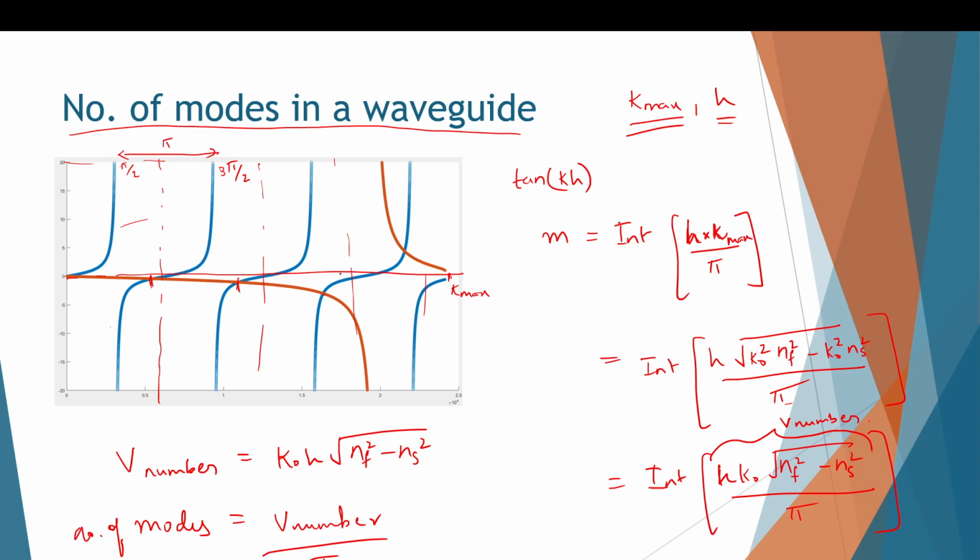But obviously, to get a more accurate understanding, it's better to always plot this tan kh equal to gamma c plus gamma s upon, basically this transcendental equation. We need to plot it and then find out at what points my LHS and RHS are overlapping. The number of points where it is overlapping, except the 0 point, are the number of modes.